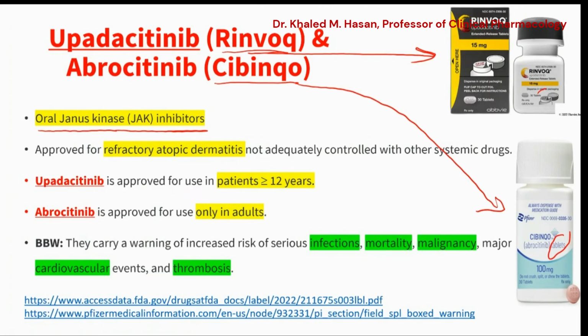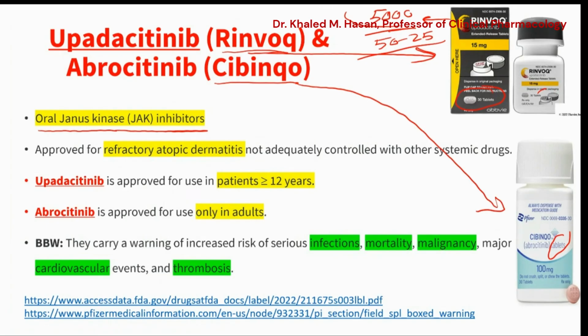Even though the price is expensive, if the insurance covers it, the patient will be fine. This medication is very expensive without insurance. It costs $5,000 per 1 month of treatment, every 30 tablets around $5,000. With insurance it could be $25 to $50 per month. So it's a very expensive medication.